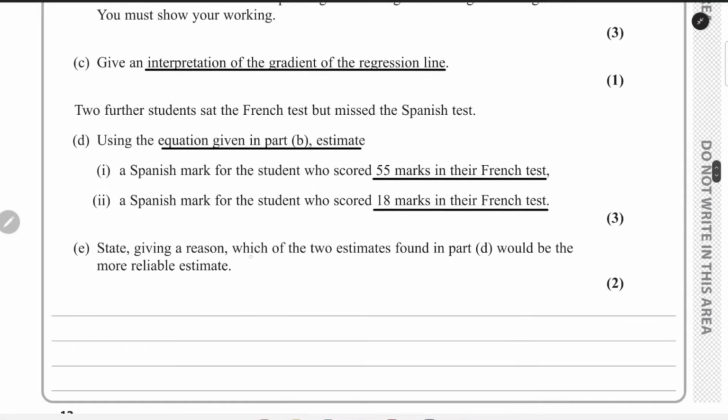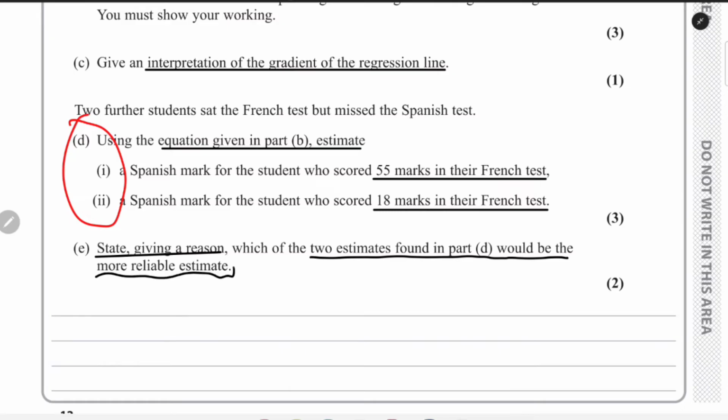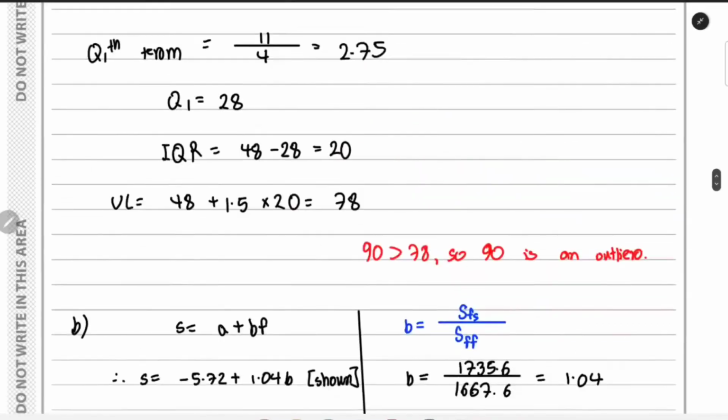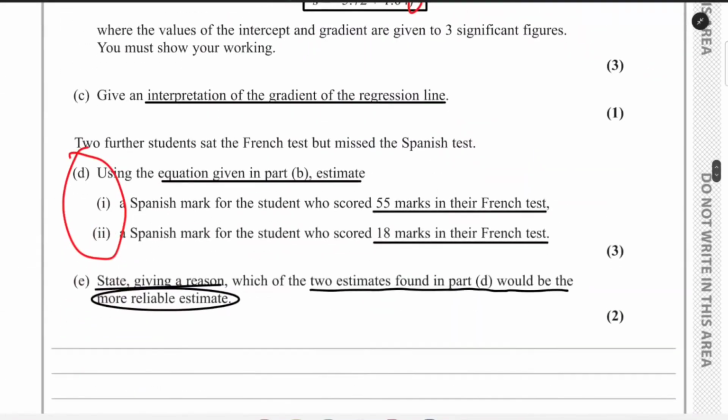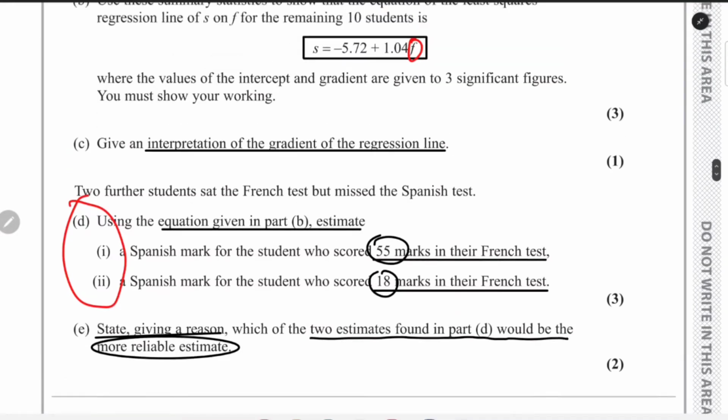Now in part E, we have to state with a reason which of these two estimates, the ones we found in part D, is more reliable. We used the values of the French mark being 18 and 55.